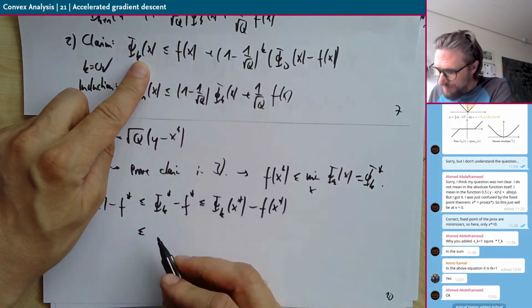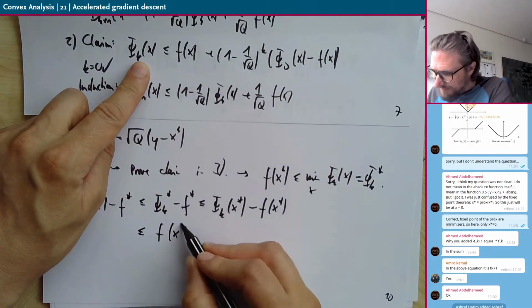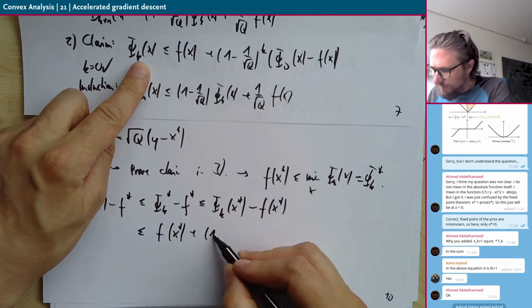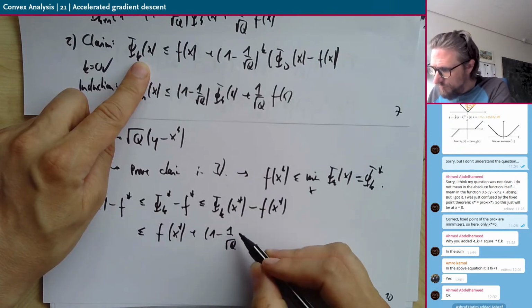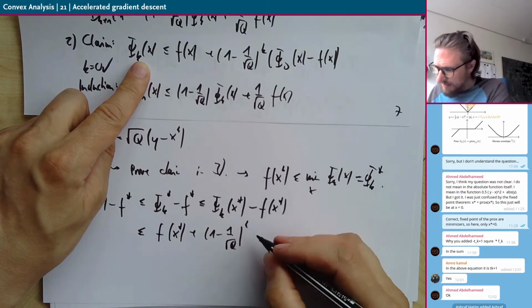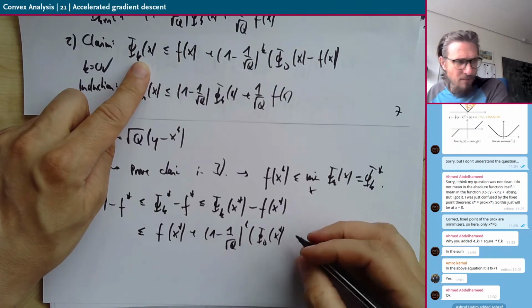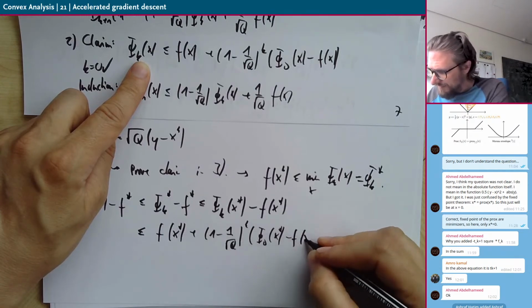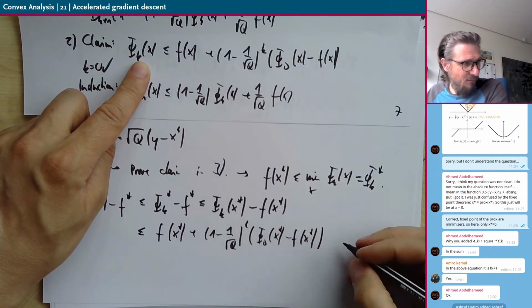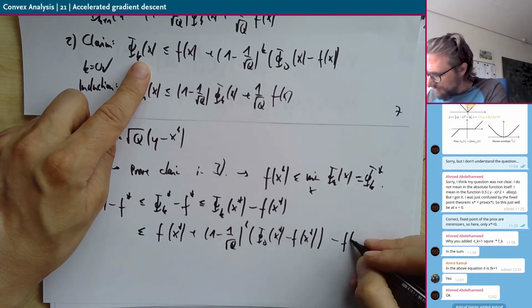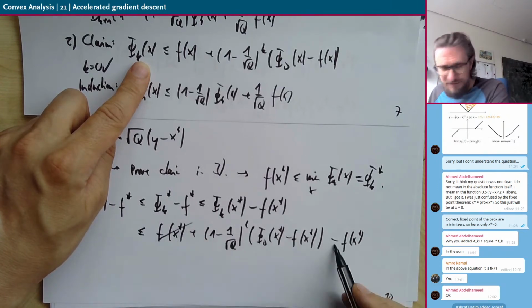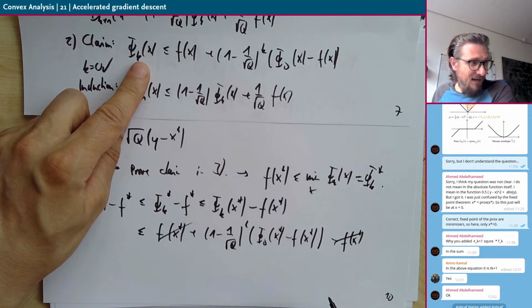So this gives you an f of x star plus 1 minus 1 over square root of q to the k times phi_0 of x star minus f of x star, and here the parenthesis is gone, and this is another f of x star, and you see that these cancel.